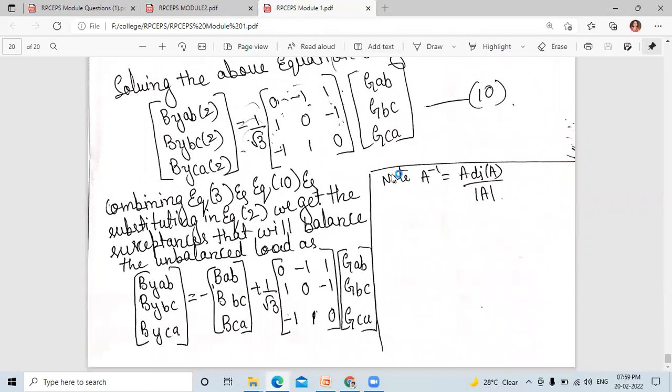If they ask for 10 marks, you need to mention at least the main equations and final equations. These equations are important, because this is the final equation that will balance the unbalanced load. The equation 3 and equation 10 substituting in equation 2. So these 3 equations are important.